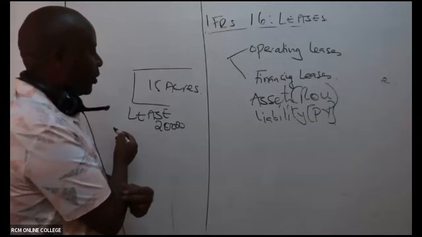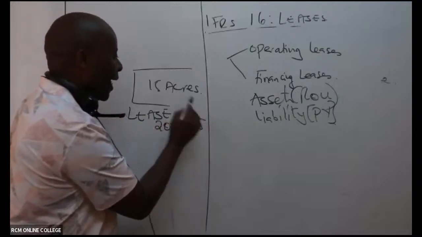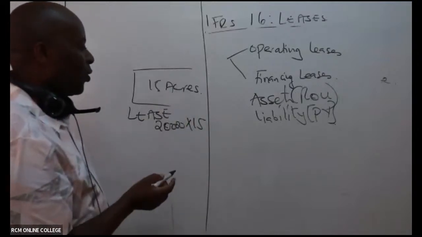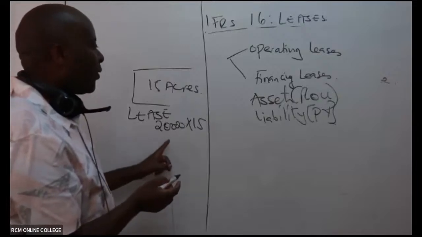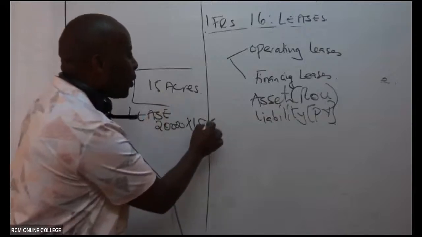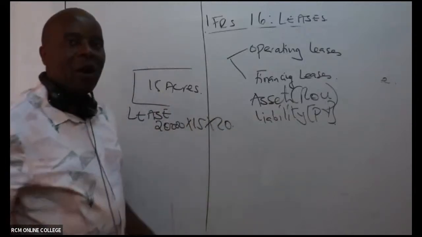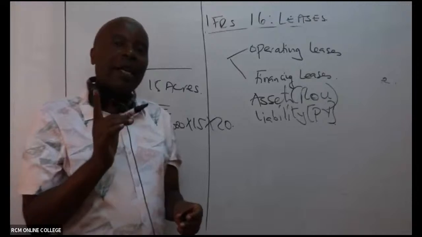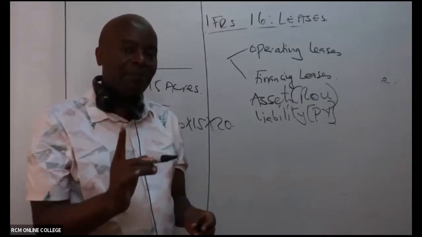Then I'll multiply this with 15 acres. That is per year. And then, of course, because I would want to build very executive places here, I would request for a 20-year lease term.